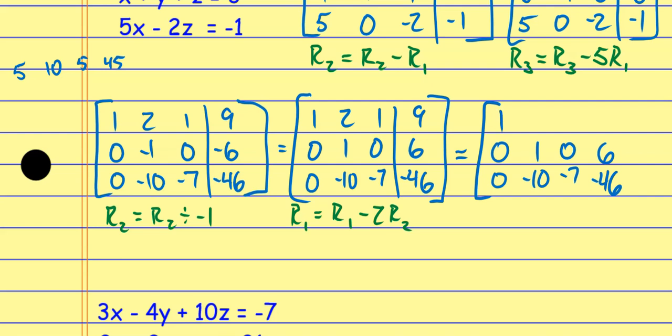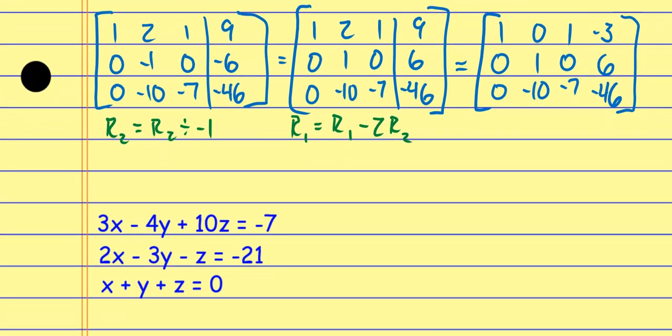So let's see, 1 minus 2 zeros is still a 1. 2 minus the 2 ones is a 0. 1 minus 2 zeros is a 1. 9 minus 2 sixes, so 9 minus 12 is a -3. Okay? And I'm going to end up crossing out this next example so that we have more space to keep working here. So I've got the first 0 I needed.